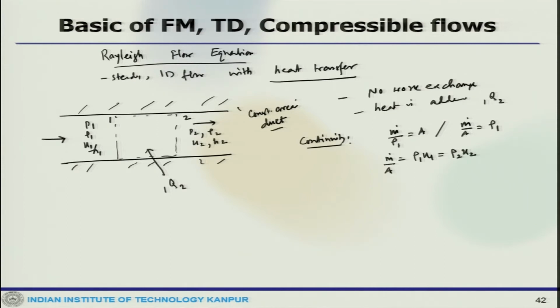Now, the momentum equation, where we write P1 plus rho 1 U1 square is P2 plus rho 2 U2 square. We have already derived these equations for steady one dimensional flow at the start of the discussion on compressible flow equations. Now, they look pretty similar.